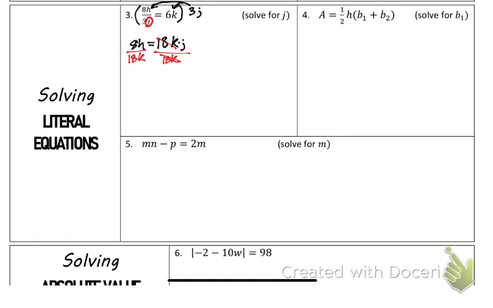When I divide by 18K, we're going to have 8H over 18K, but we've got 4 that goes into it, so I'm going to actually have 4H over 9K equals J.